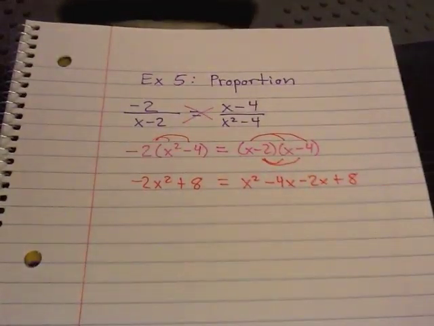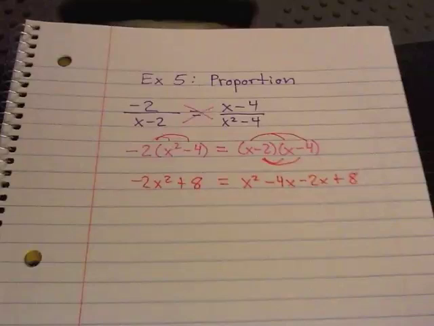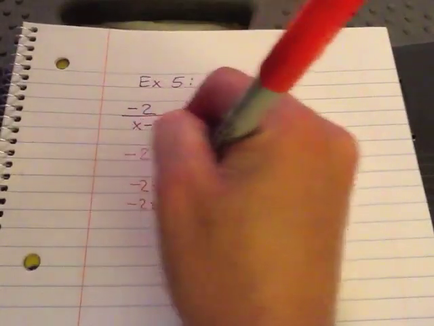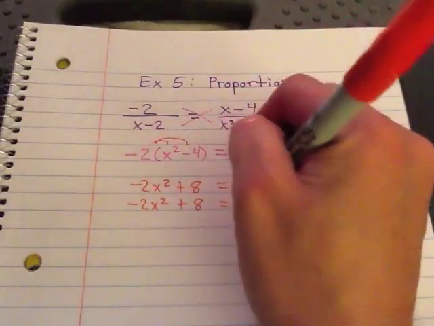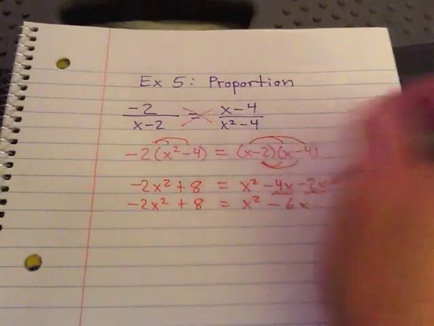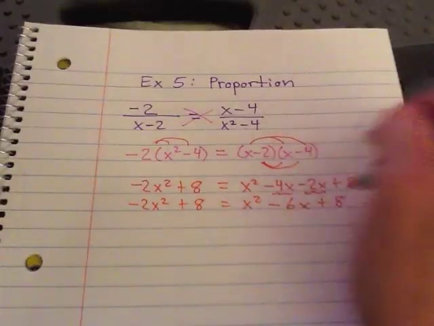Now it looks like I'm probably going to have a trinomial once I combine things. So I'm going to go ahead and combine these like terms, and I get minus 6x plus 8.